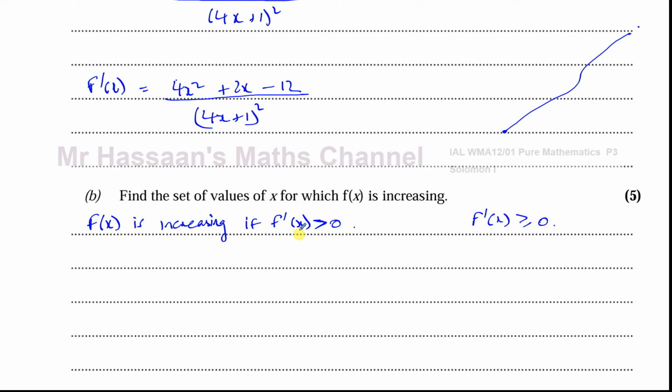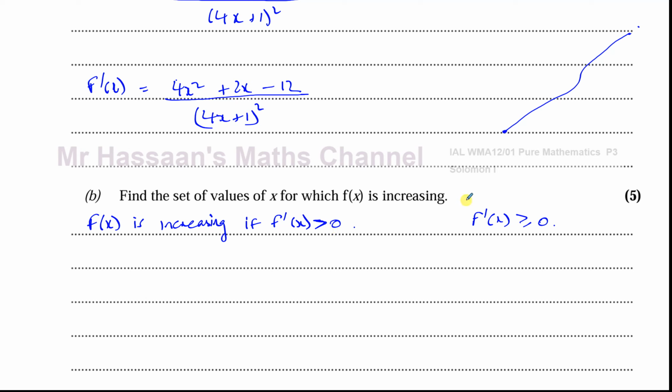I personally like to write it without the equal sign, although in the mark scheme of this Solomon paper it's written with an equal sign. This is called a strict inequality, and the other is non-strict. I prefer to say it's increasing when the gradient is positive.